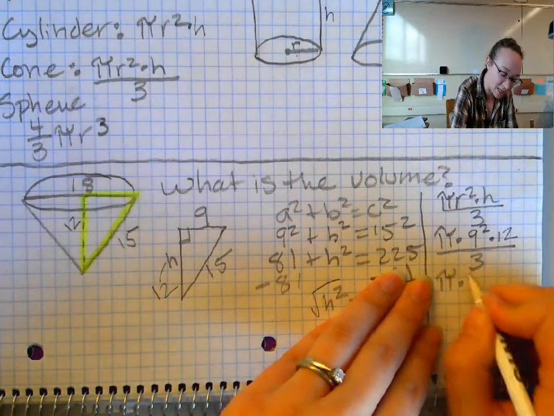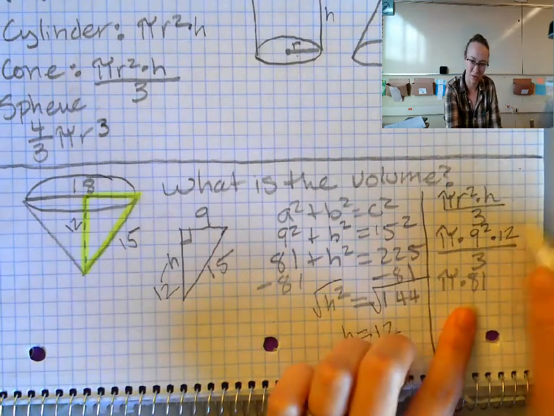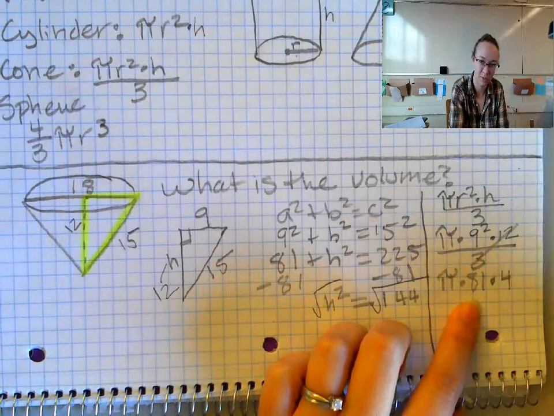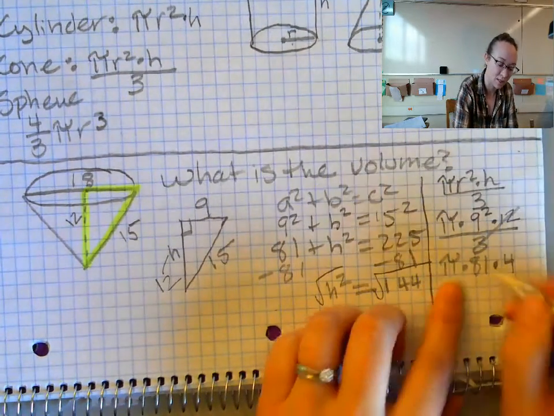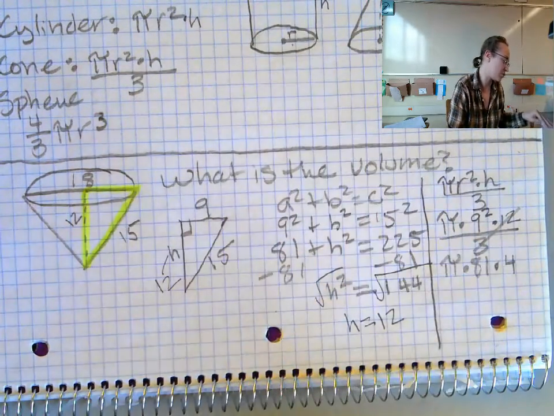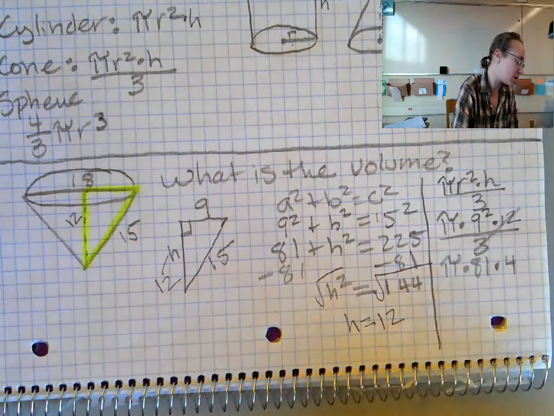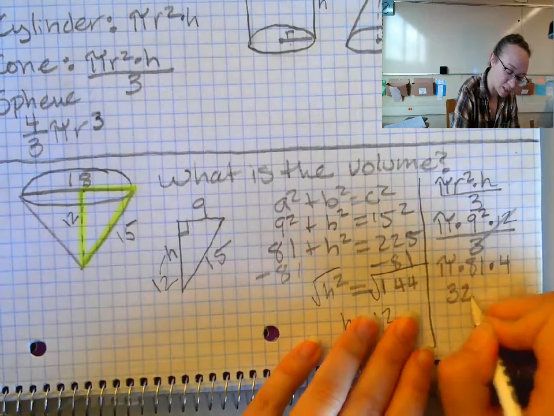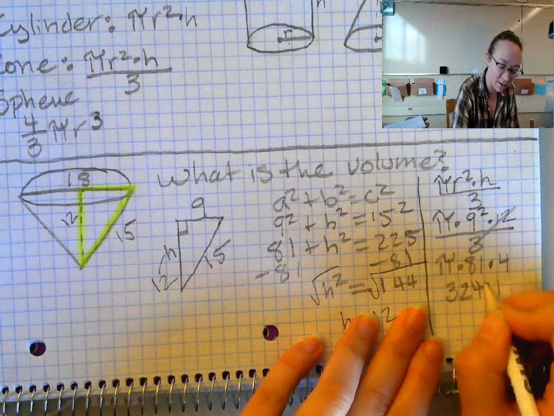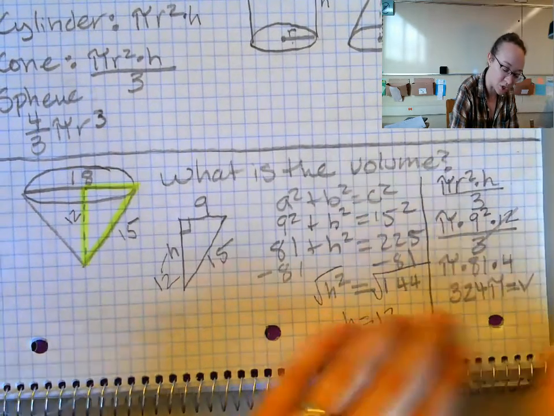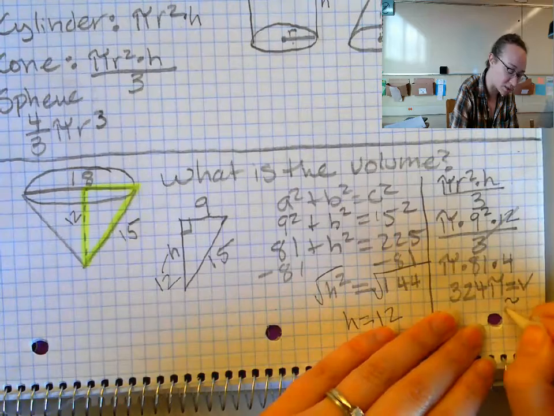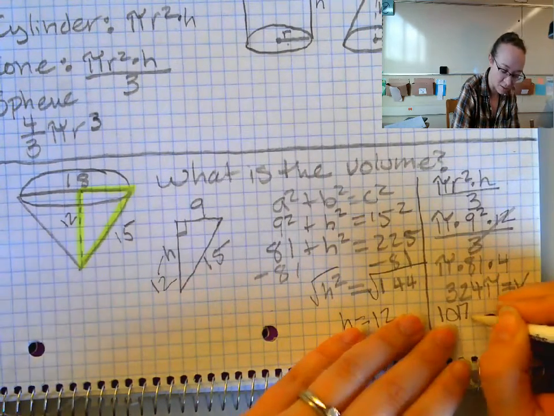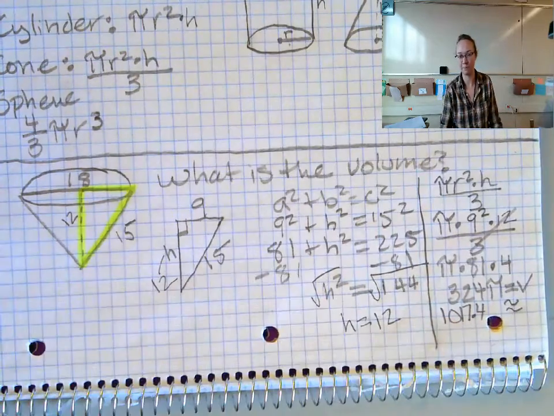Pi times 81. And then I'm just going to do the 12 divided by 3, which will leave me with 4. Hopefully we feel okay about that. And then 81 times 4 gives me 324. So 324 pi is my volume, which is approximately 1017.4. Let's try another one.